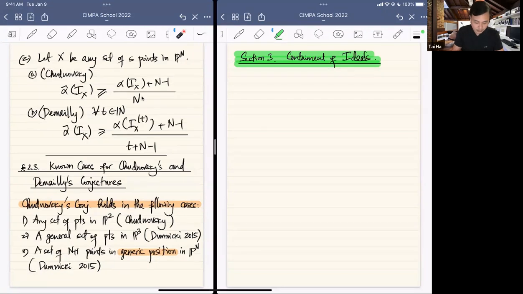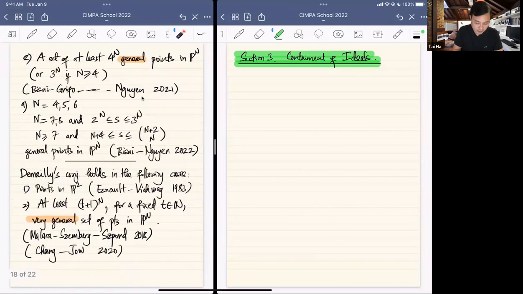For example, Tunovsky's conjecture holds for some cases where you have a restriction between S and N, but it also holds for some other cases. Unfortunately, there is a lot more work regarding Tunovsky's conjecture compared to Demey's conjecture. Much less is known about Demey's conjecture.